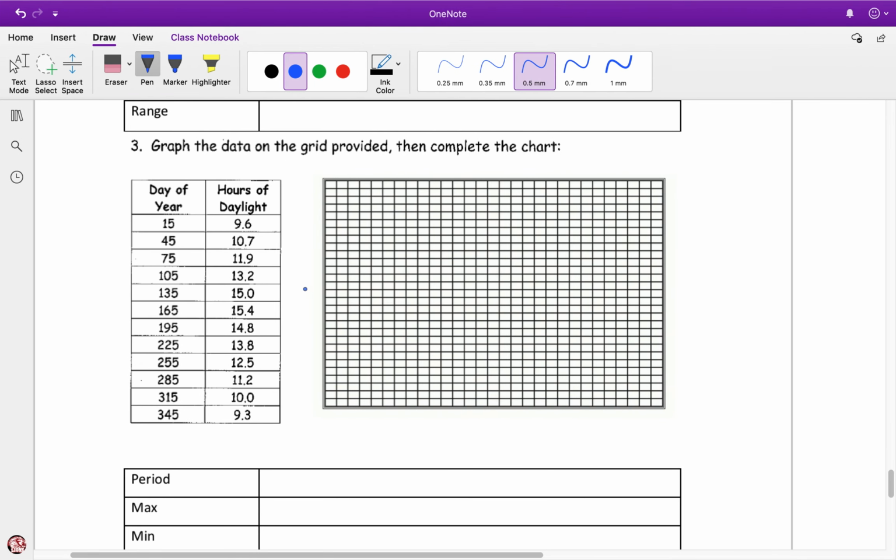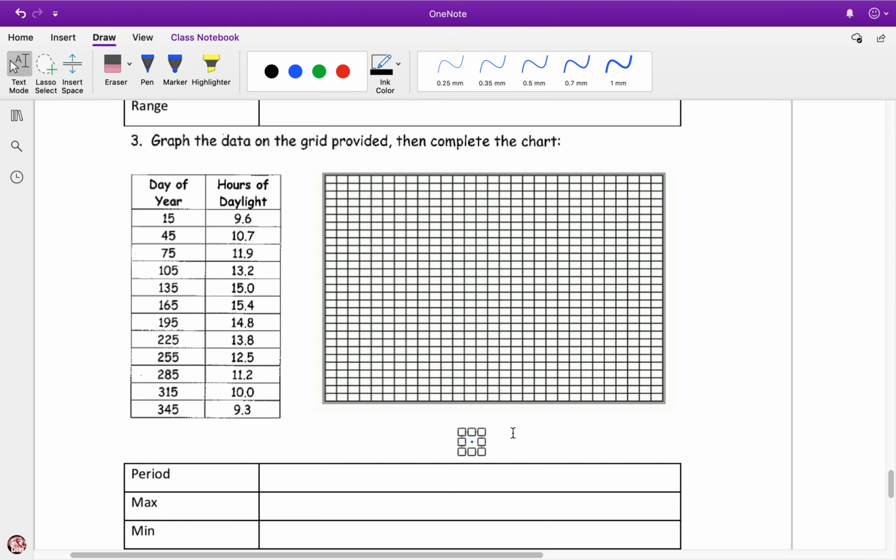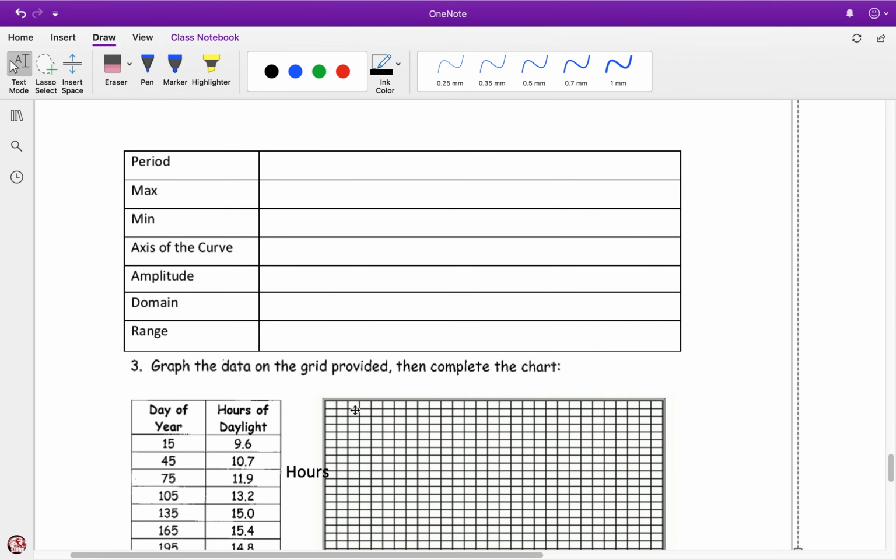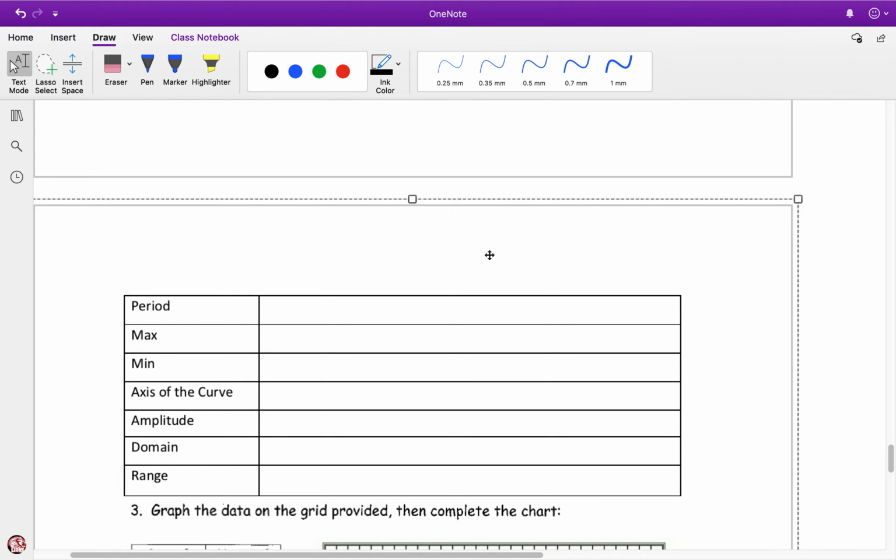Because this down here is going to be my days of the year, and then here is going to be hours. Okay, so you're going to have to graph it and then go from there. So you can finish your test, work on this, and it should be good to go.